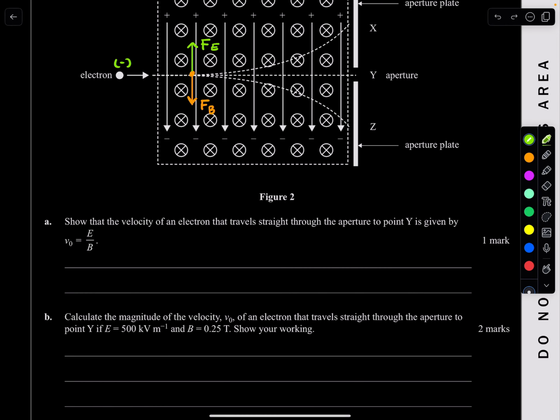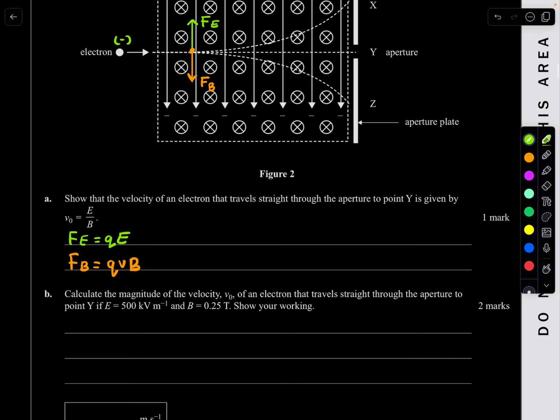So we know that the electrical force is always given by QE, and the magnetic force, which is force B, is equal to QVB. If we want the electron to go to the aperture, we need to make sure they are equal. So the electrical force has to be equal to your force B, your magnetic force. Putting that all together, it'll be QE equals QVB.